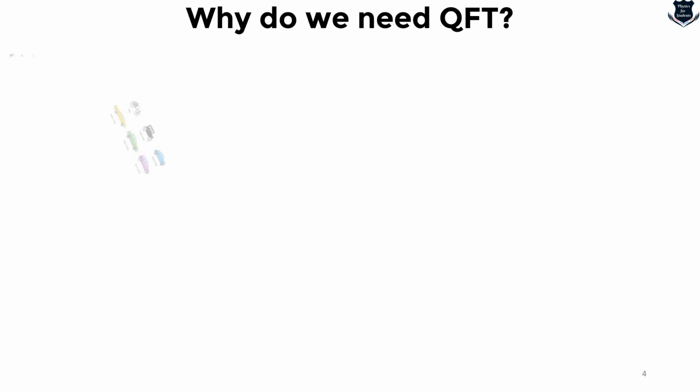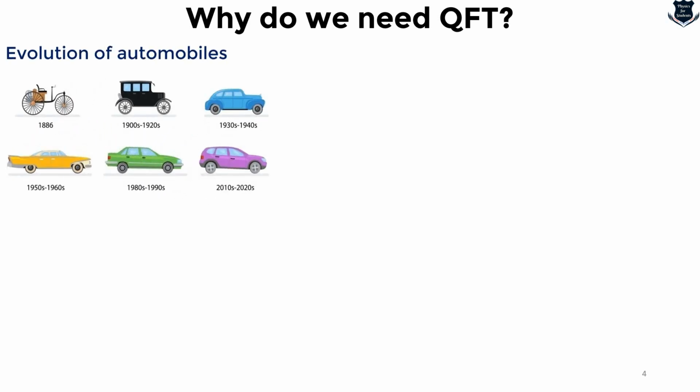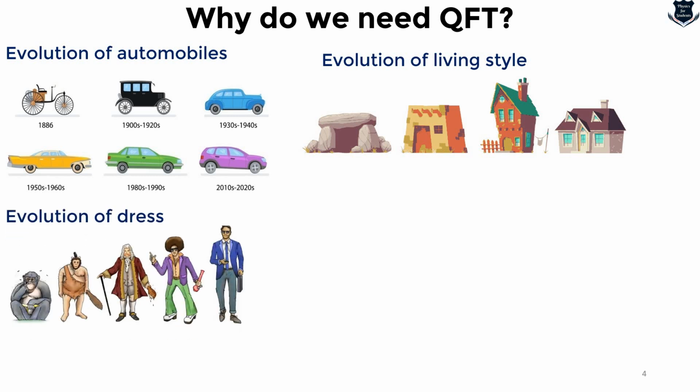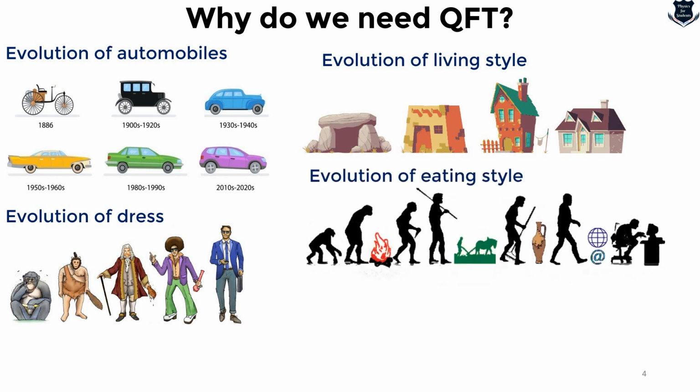Apart from that, as you can see, the entire automobile system evolved, from 1886 to the 1900s and then to 2024. Also, you will see the evolution of living style from the hut to the modern home. The evolution of dress, although it sounds funny, has also been an evolution process.